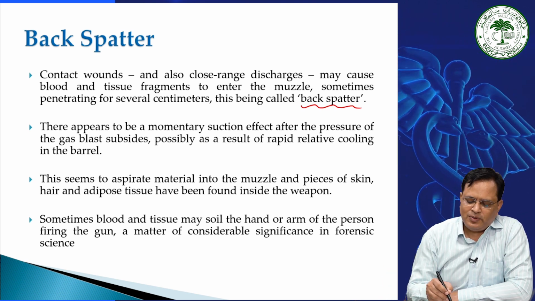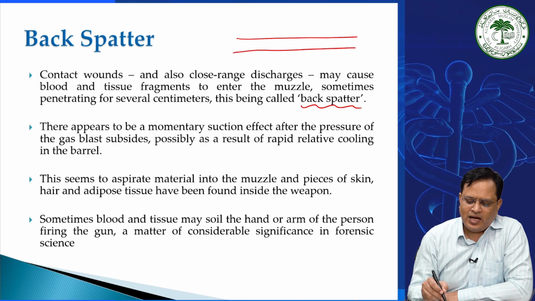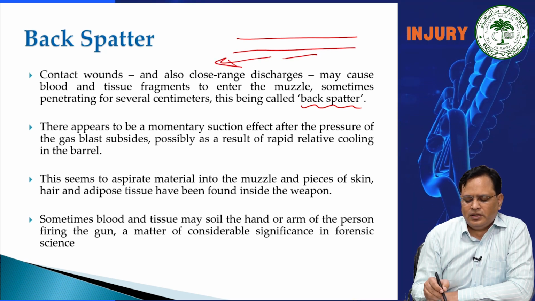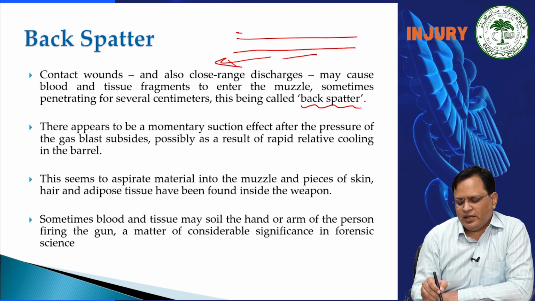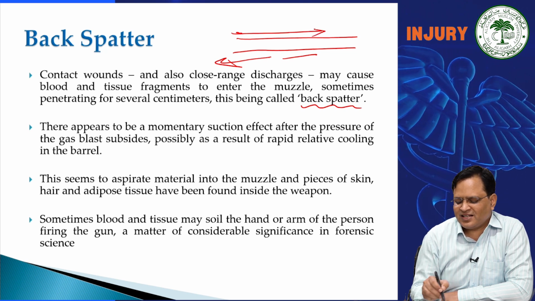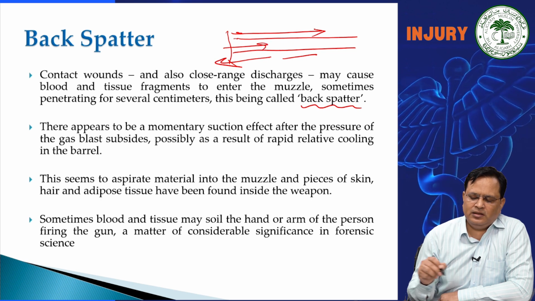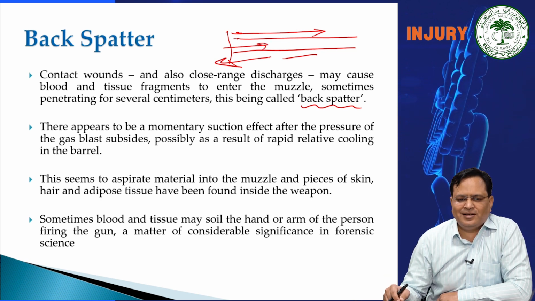The barrel is hot initially and then it cools. So the gas first comes out, then there is cooling and negative pressure, then it sucks. If there is suddenly a tissue, it can be sucked in. That is called back spatter.